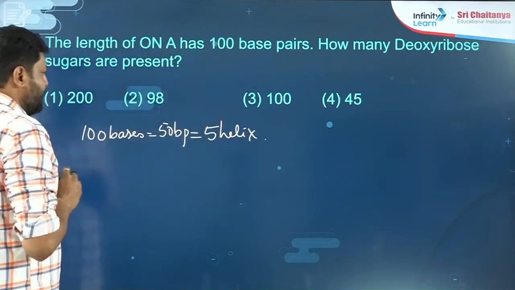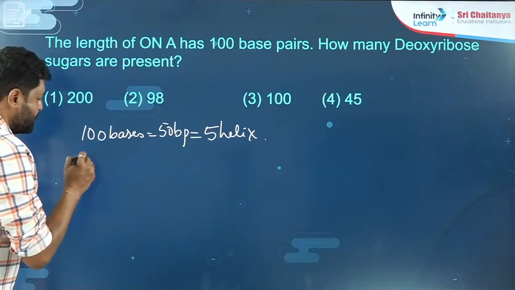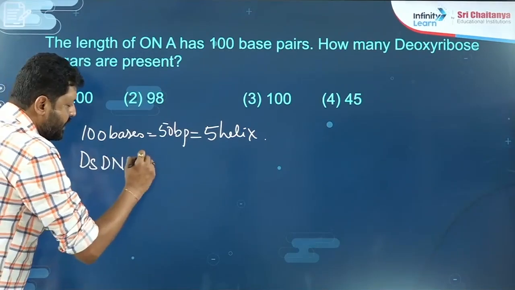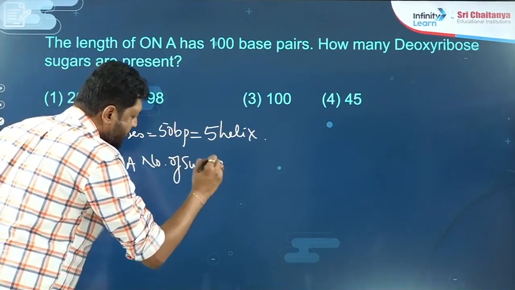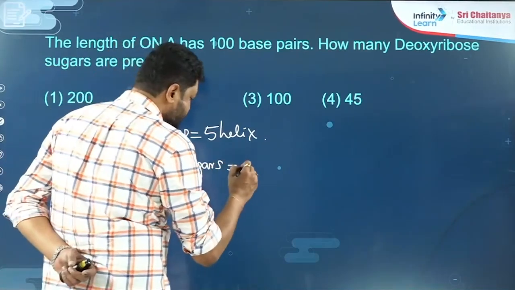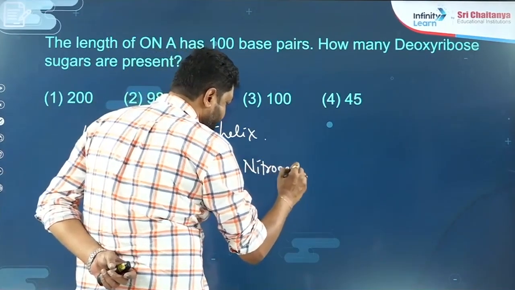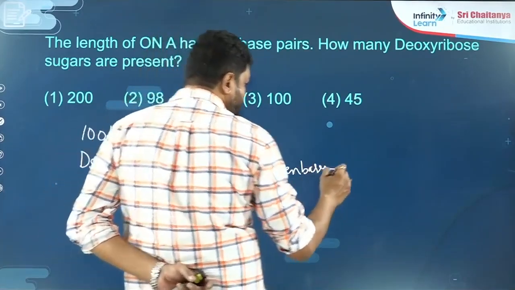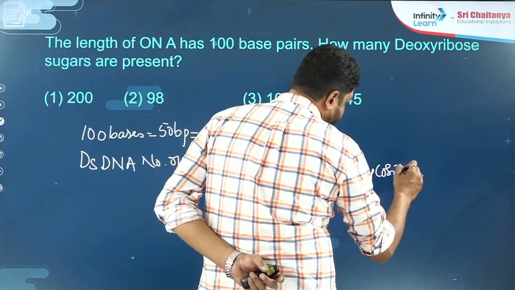So now here in double stranded DNA, what is the thumb rule? The number of sugars, that is pentose sugars, is equal to the number of nitrogen bases, which is equal to the number of glycosidic bonds.